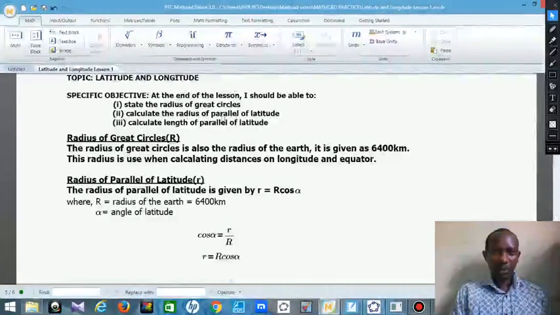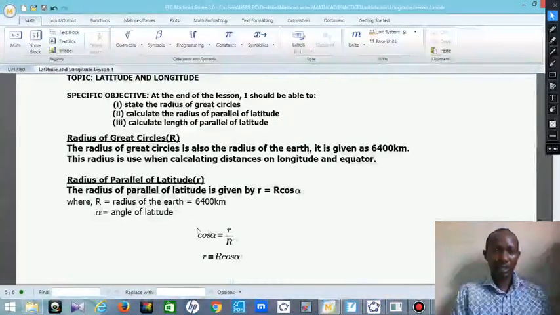Let's say now that you know the radius of parallel of latitude, which is small r, is equal to capital R, which is 6,400, times cos of the latitude. It will be given in all calculations. So take note of that. Then by the time you know that, how do you calculate the length of parallel of latitude? And this is where we are going to stop in our class.